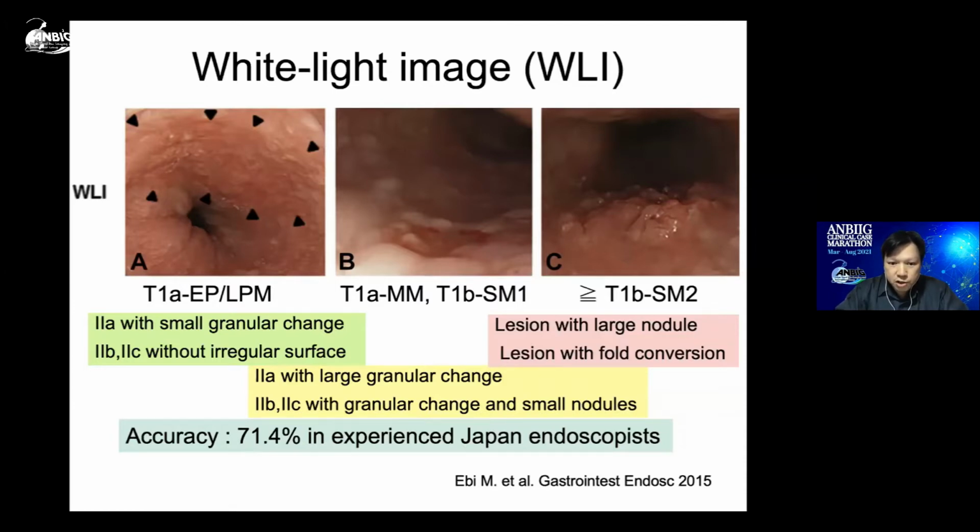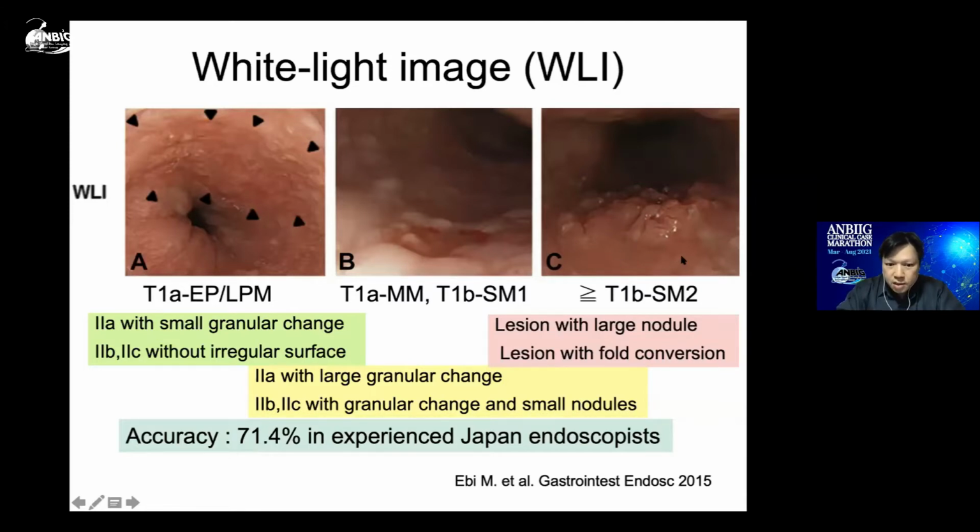If the lesion has a large granular change or depressed lesion, it may have invaded the M3 or the superficial submucosal layer. If the lesion has a large nodule and fold conversion, it should have invaded SM massive.